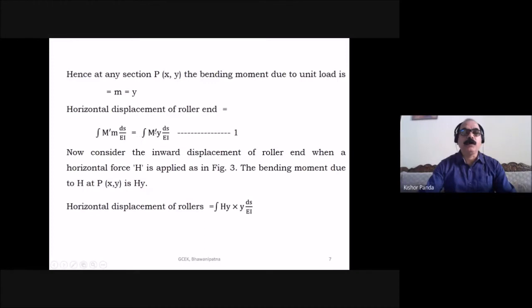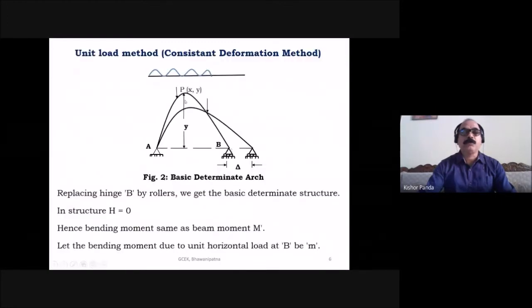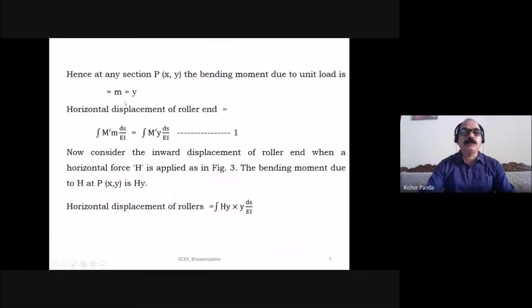Here small m is equal to y, because this is the moment at P due to the unit load acting at B. You take the moment from point P: 1 into the vertical distance, 1 into y, so this is equal to y. So you have to put this small m value here. So the integration of capital M dash y ds by EI is equal to 1.